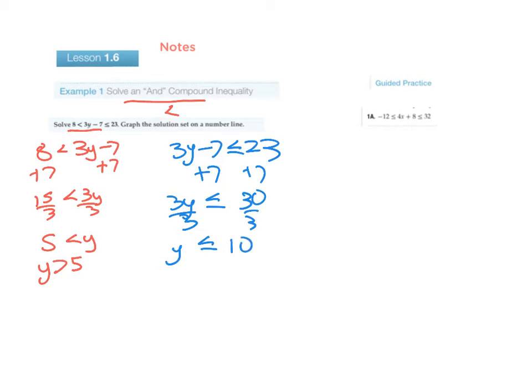So now I go on my number line and graph each one. Let's graph the red one. I'm going to start at 5 right here, open circle, and I'm going to move it towards the right, or greater than.